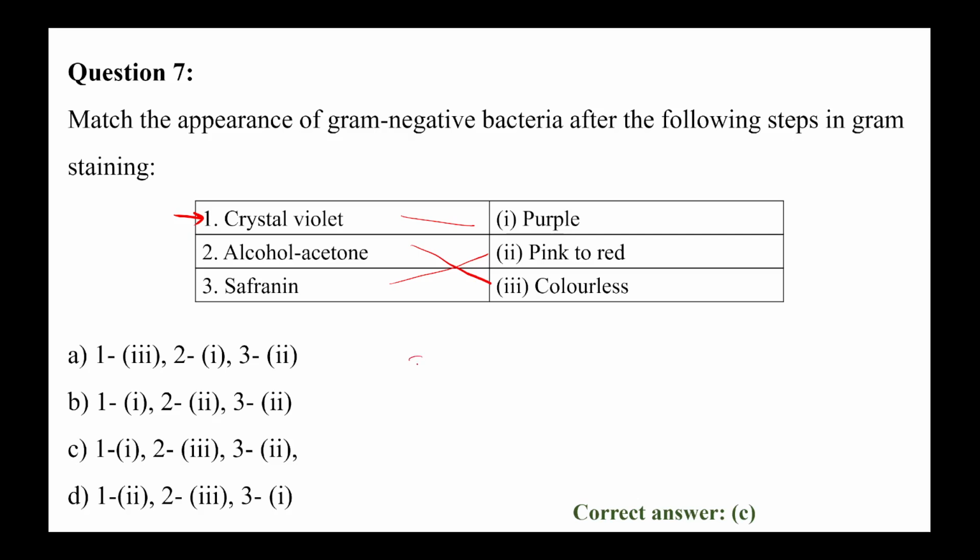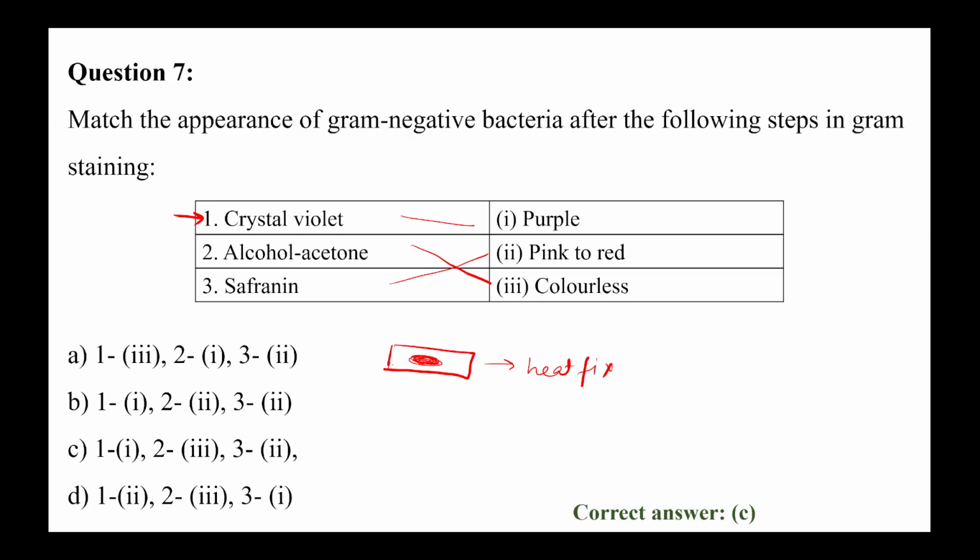We are making a smear on the slide. So you have a glass slide. You make a thin smear of that bacterial cells. Then you heat fix it so that these cells adhere to the glass slide and they are now dead and they are fixed on the slide.